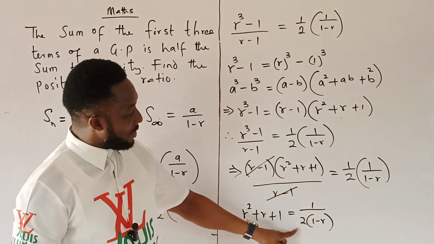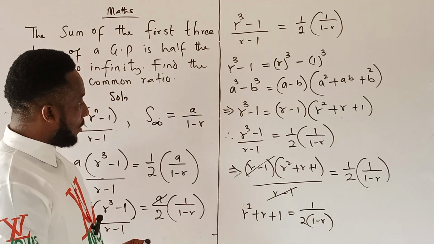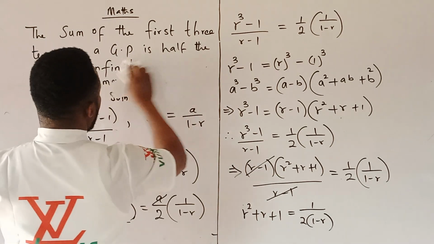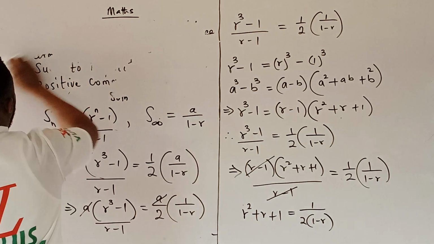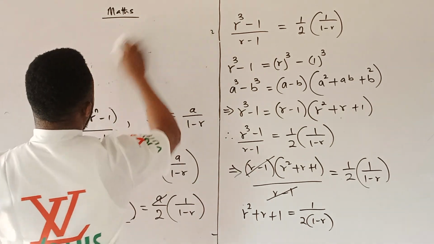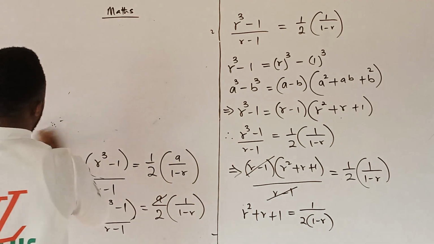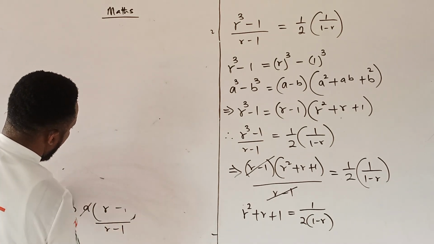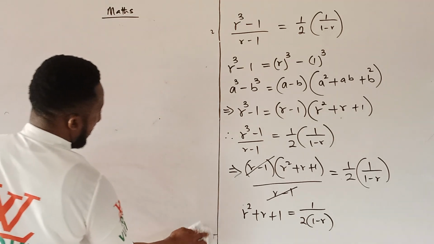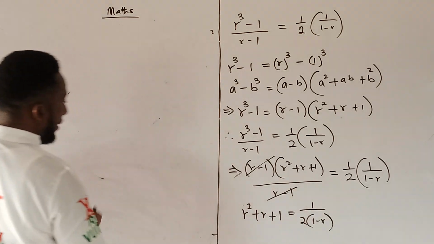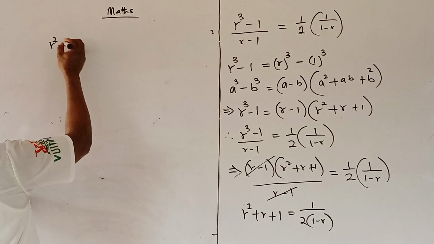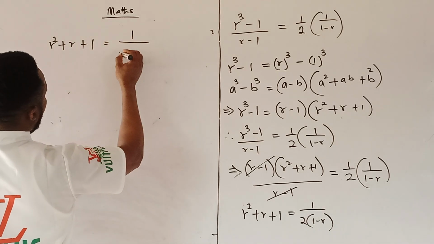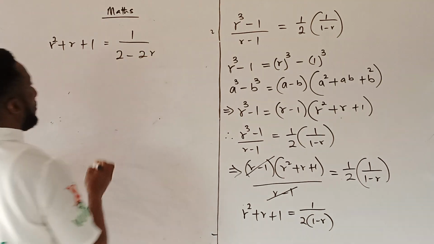So if we distribute, that will lead us to the answer. If I distribute the right side, I will have r squared plus r plus 1 equal to 1 upon (2 minus 2r).